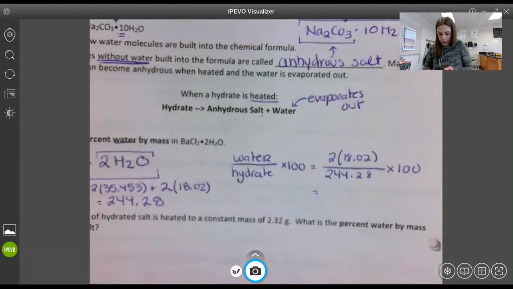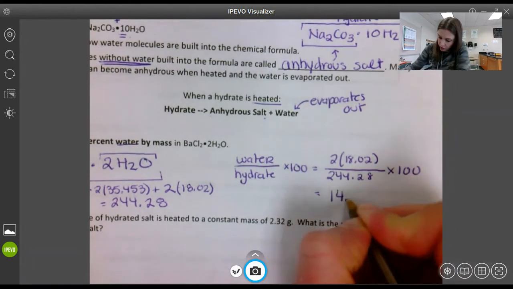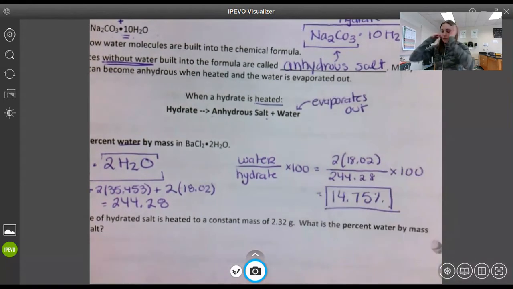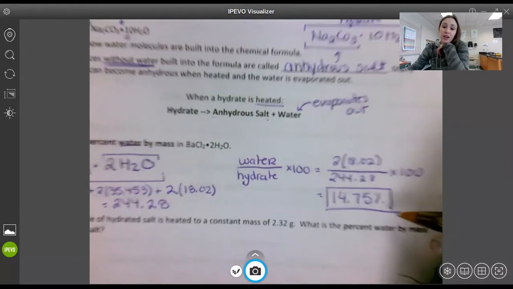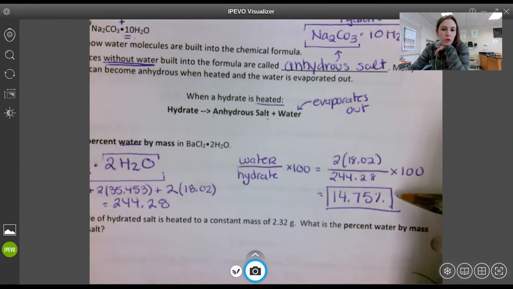So when you plug that in, 18.02 divided by my 244.28, making sure I do the times 100, you're going to get 14.75%. Okay, so if I had 100 grams of this hydrate, 14.75 grams of it would be from the water.